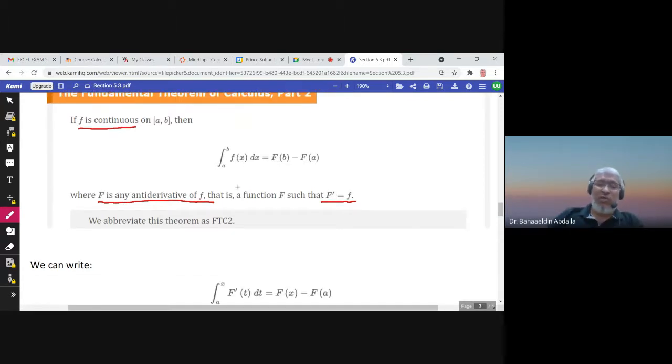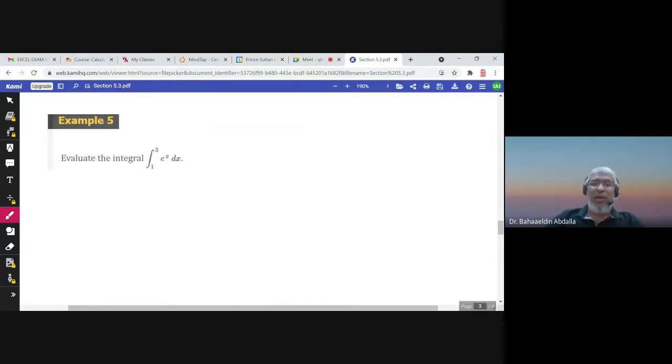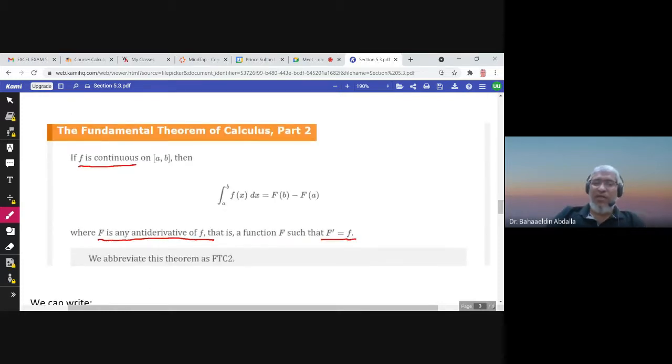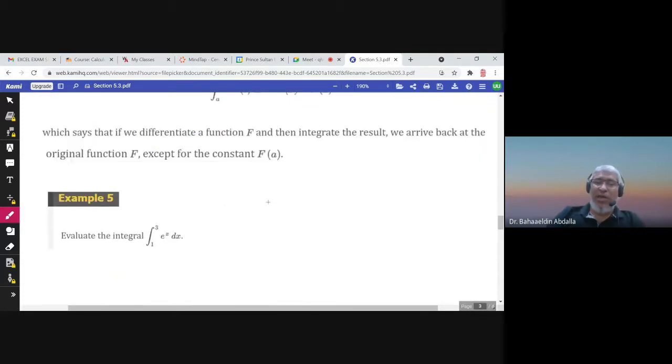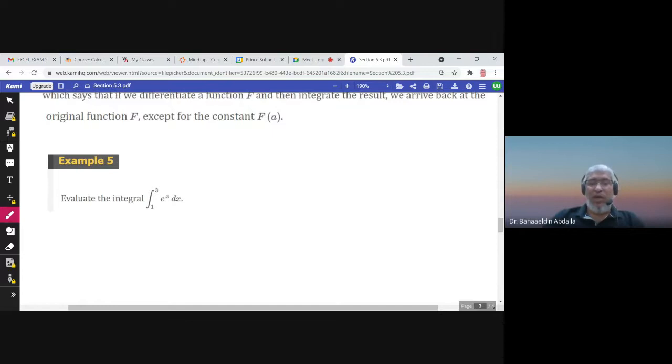Okay, so for example, if we need to find this definite integral, this theorem gives us another way to find the definite integral, a new way. What is this way? Think of a function that has e^x as its derivative. So we know that d/dx of e^x is e^x.